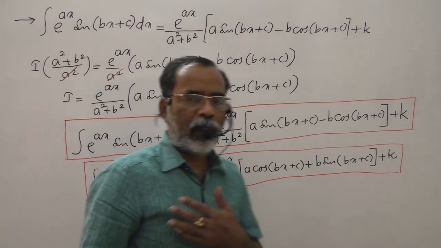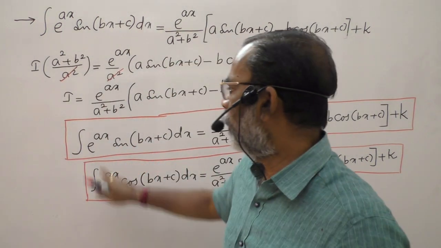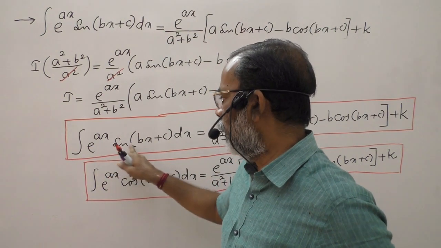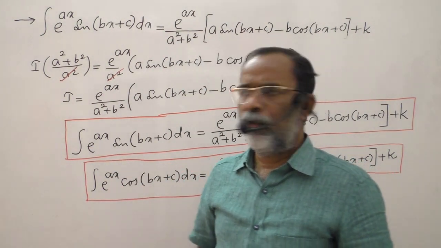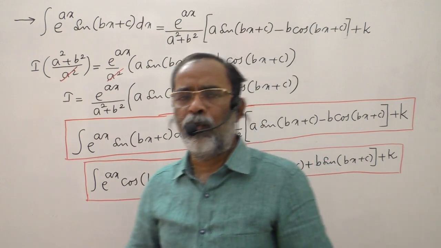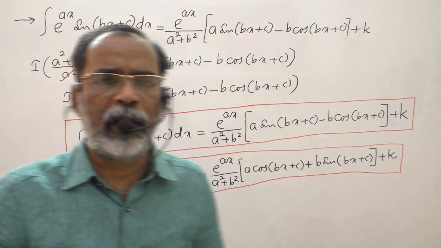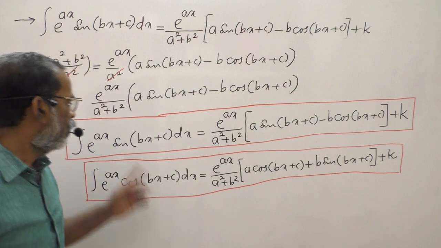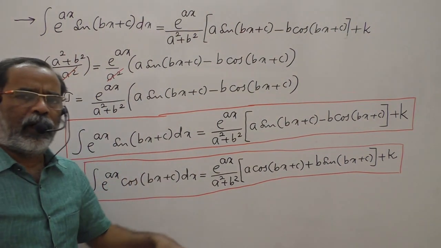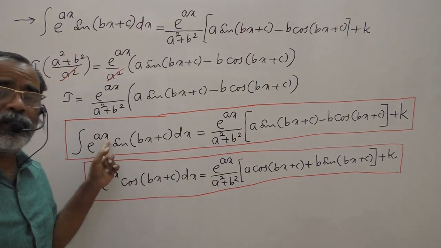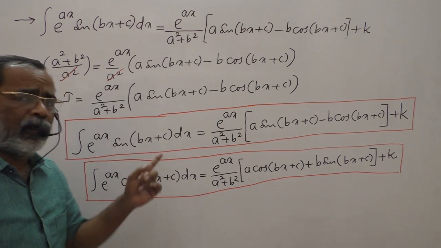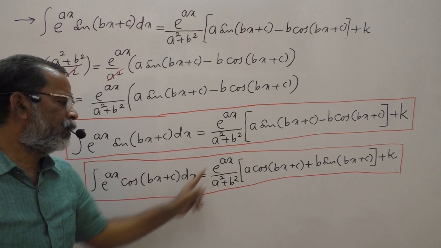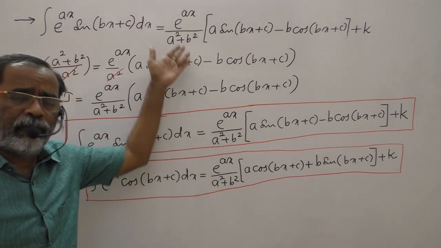Yes. So in the two formulae, exponential e power ax into sine and cos is there. In some books, I said these are two formulae. I asked you to add to the list. Similarly, if a power x is there, then also you can find its integral in the same way.